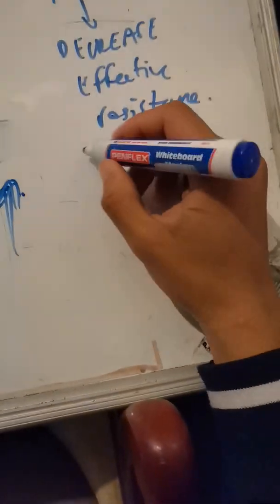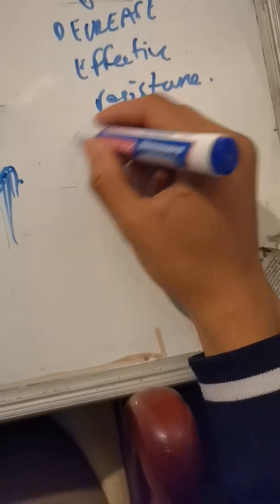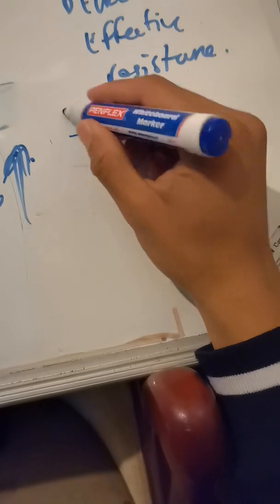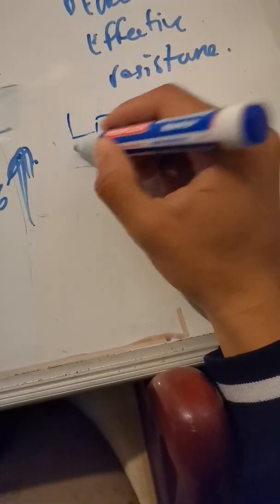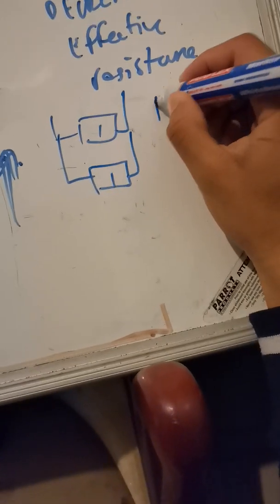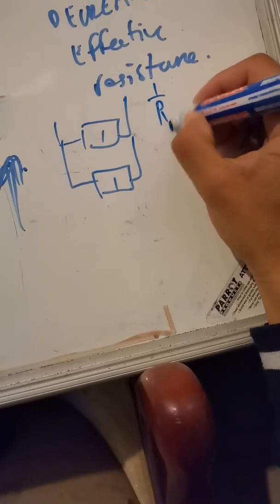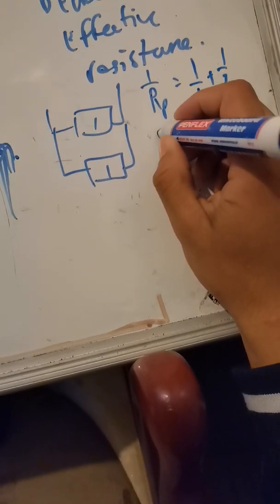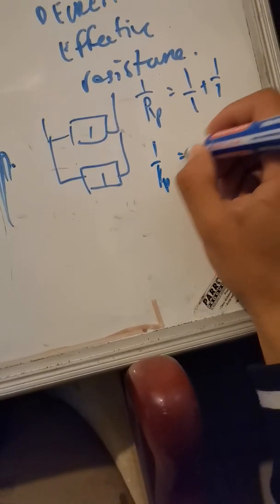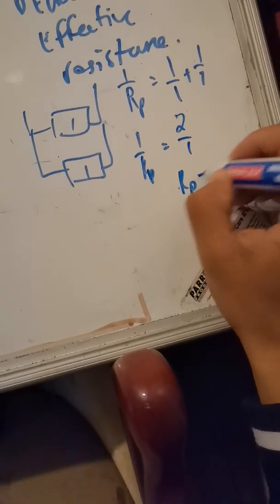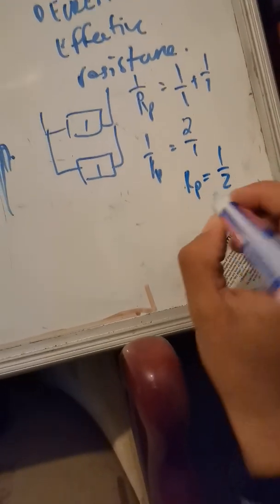But if an extra resistor is connected in parallel, so let's say for example you have a parallel circuit, let's say that's 1 and that's 1. So here we have 1 over RP is equal to 1 over 1 plus 1 over 1. So 1 over RP is 2, therefore RP is equal to 1 over 2.